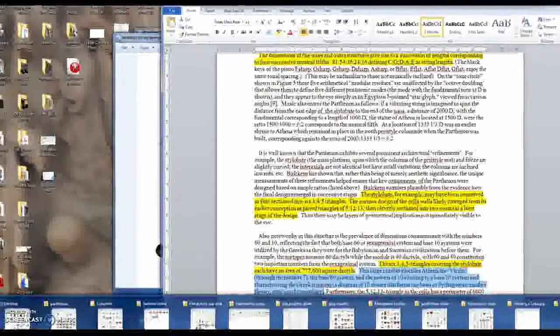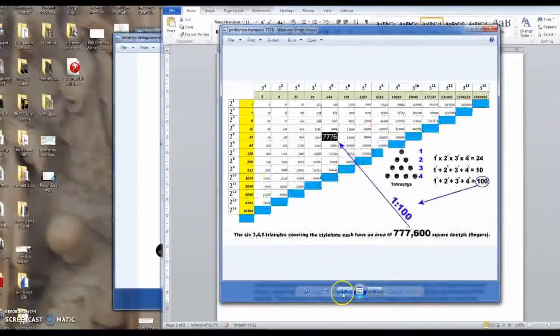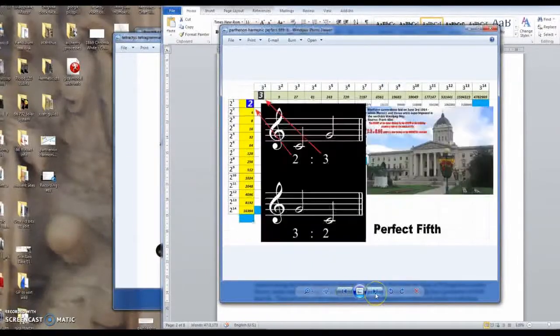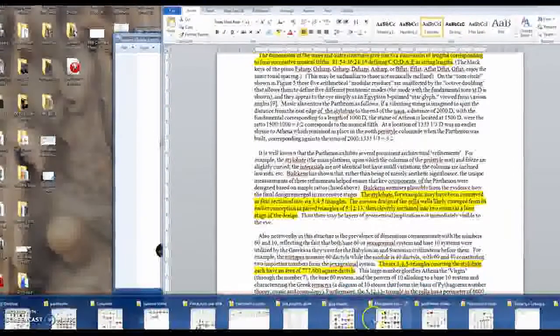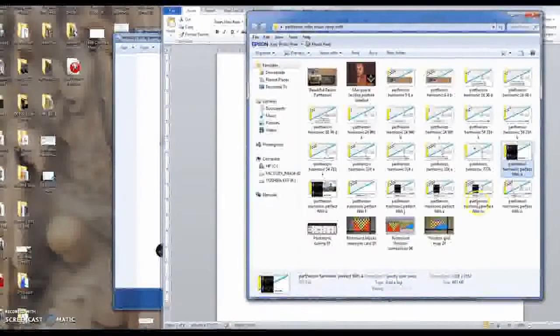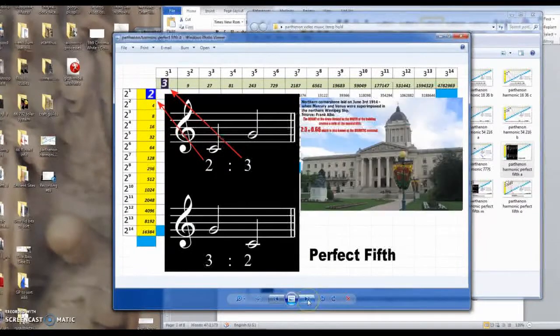Now, let me pull something up. The perfect fifth is the 2/3 ratio. Again, we'll come back to this Pythagorean or harmonic number chart. As an example, Frank Albo has done some work focusing on Winnipeg.